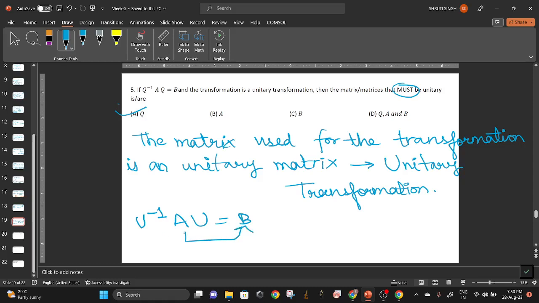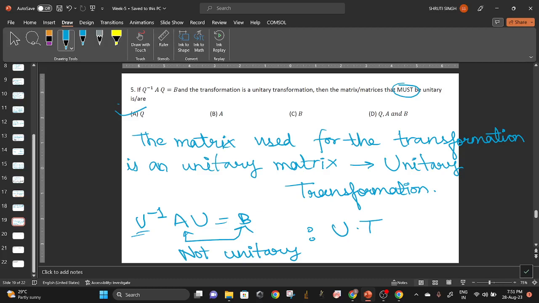These two are not unitary, but still this transformation will be called a unitary transformation. Why? Because the matrix we are using to transform is a unitary matrix. So the must condition is that the matrix used for the transformation should be unitary.